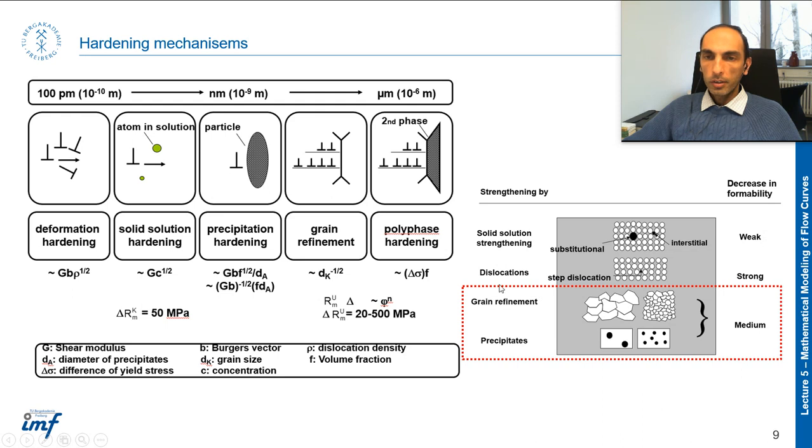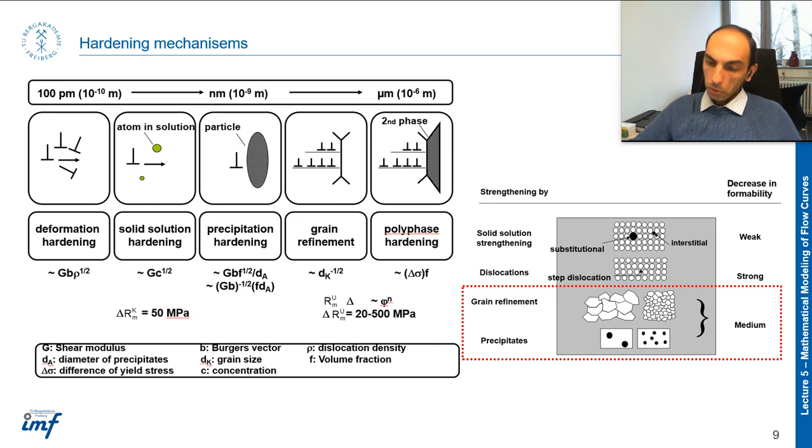In the case of dislocations, in the pico scale, the effect on the formability is very strong. It means that the hardening which results from deformation hardening or dislocation density decreases the formability so much. And if it is the result of grain refinement or precipitation, then the effect on the formability is medium.